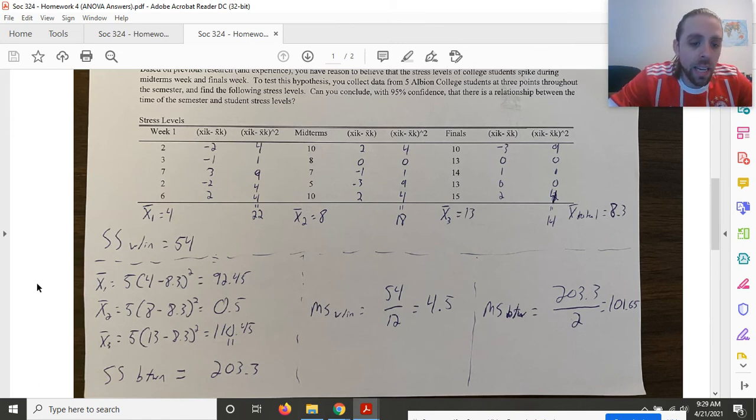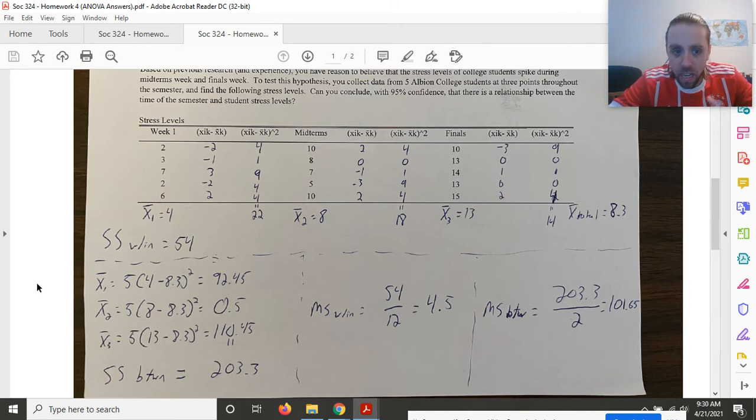So that gives me sum of squares between the groups of 92.45 for week 1, 0.5 for group 2, the midterms group, and for group 3, the finals week, 110.45. Sum those together, and my sum of squares between the group is 203.3.